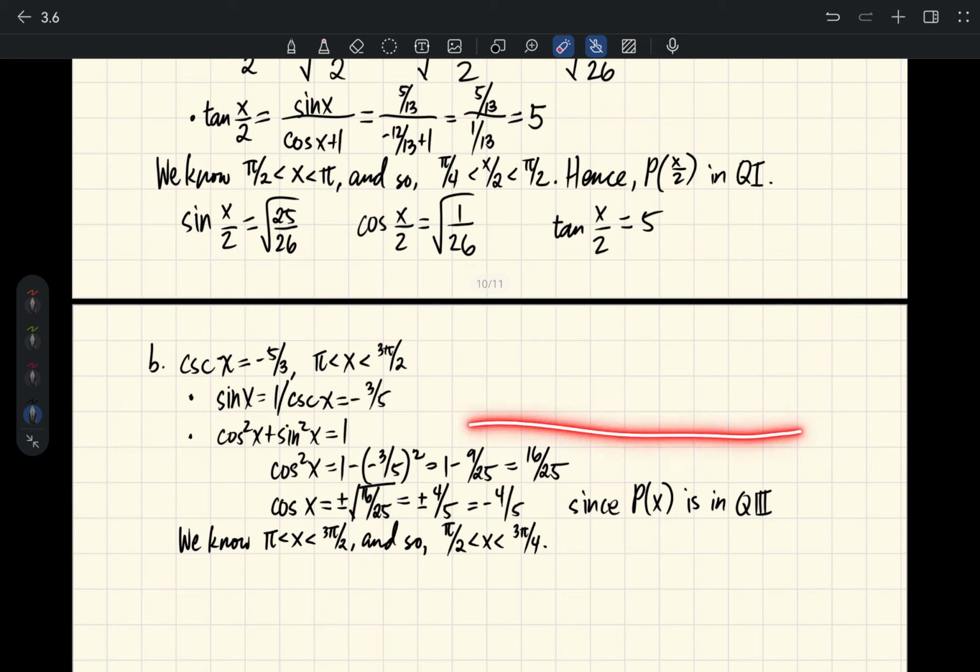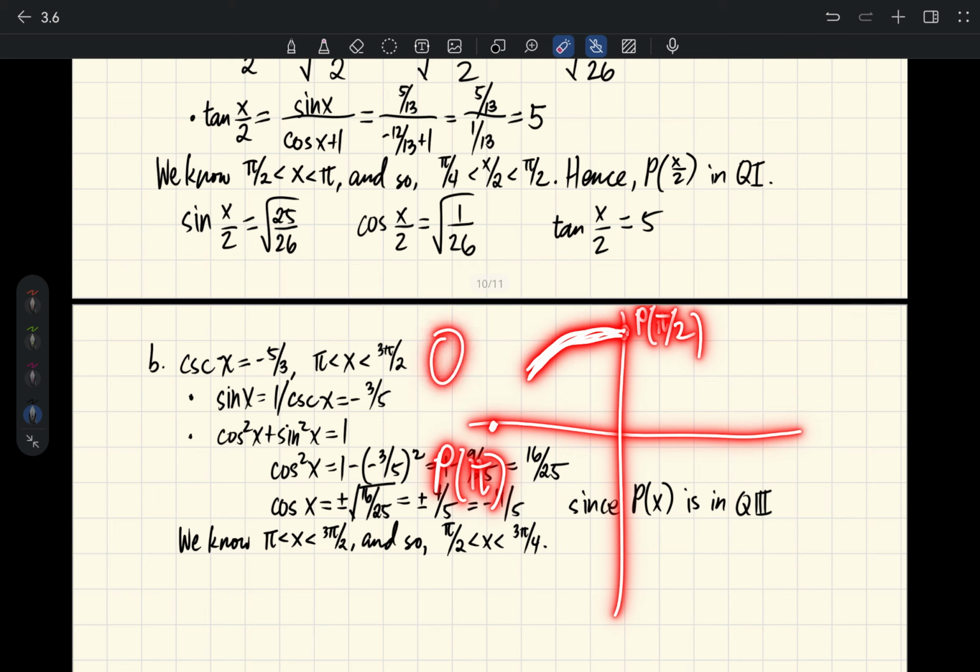Where can we find this? P of pi over 2 is right here, and you have here P of pi. So the values of x over 2 in between pi over 2 and 3 pi over 4 will be found right here, which is in quadrant 2.